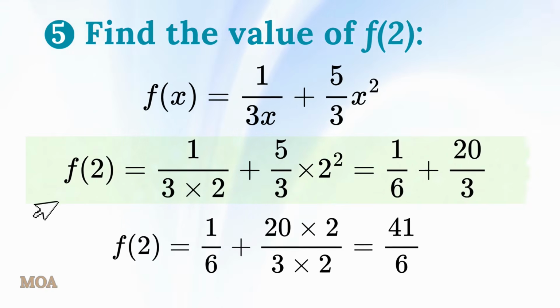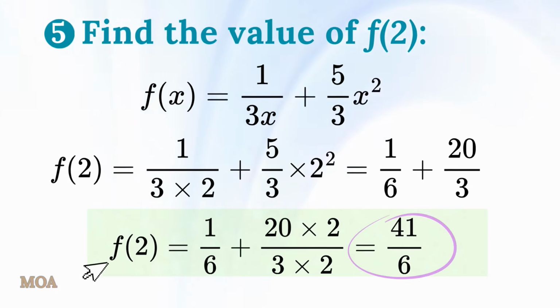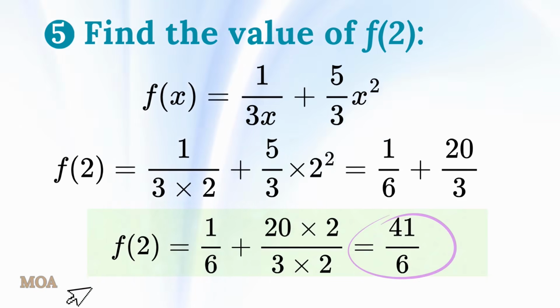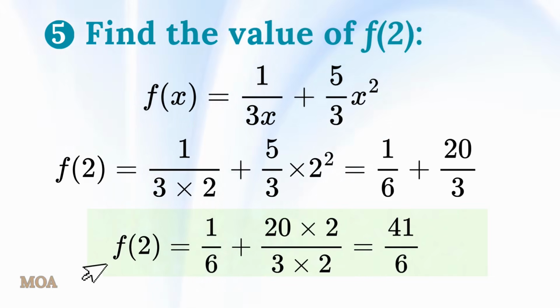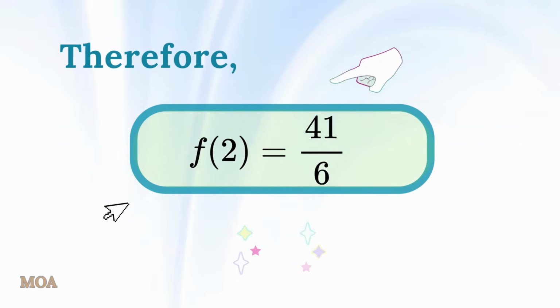This means f of 2 equals the quantity 1 over 3 times 2 plus 5 over 3 times 2 squared, which equals 1 over 6 plus 20 over 3, which is equivalent to f of 2 equals 1 over 6 plus 20 times 2 over 3 times 2, which equals 41 over 6. Therefore, f of 2 equals 41 over 6.